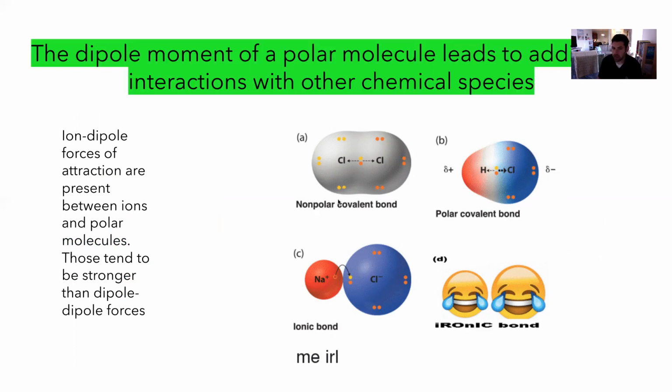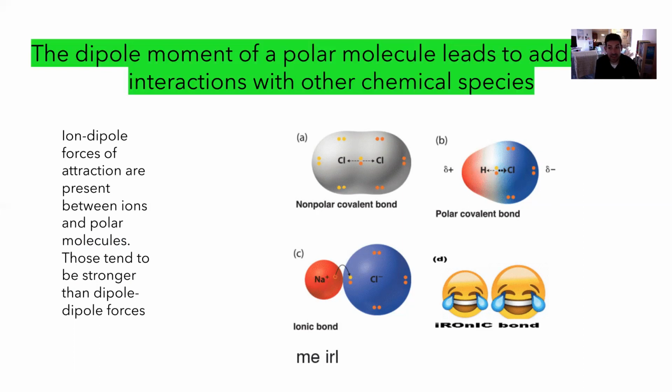So just going back to all of these types of chemical bonds: in nonpolar covalent bonds, the electrons are very evenly spread out among both atoms. In polar covalent, one side is getting its electrons pulled away, the other side has more of the electrons. We're showing the electrons in blue and the positive charge in red. And then in the ionic bond, the metal is actually losing the electron.